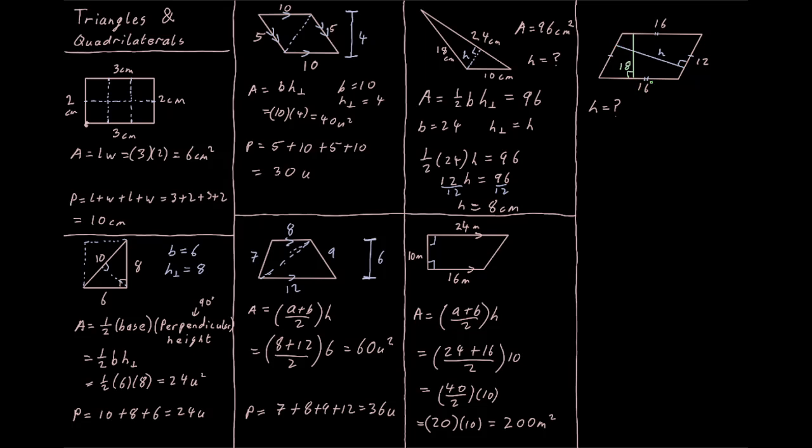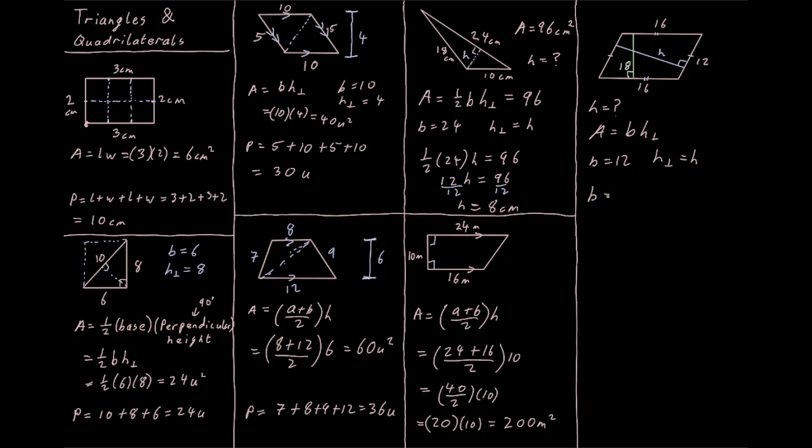If I think about that and I think about parallelograms, I think about area. So the area of my parallelogram would be a base times a perpendicular height. So I look at the information that's given to me and I can write out how to simplify this. If the base was 12, the perpendicular height would just be h.